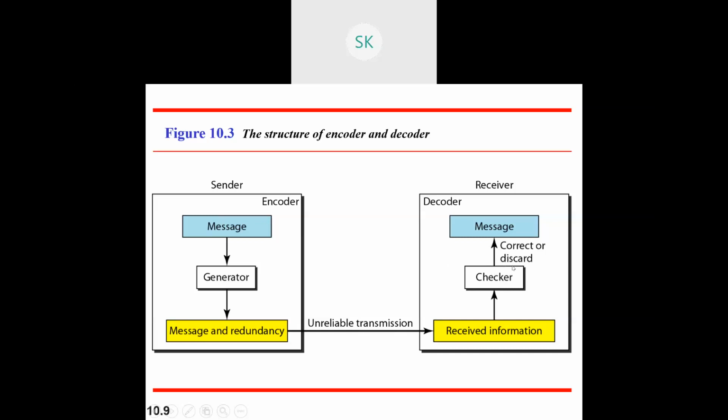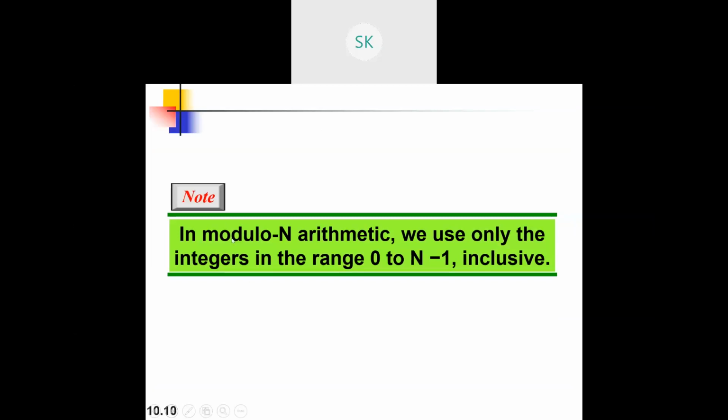If it is one and the same, then it will accept the message. Otherwise, it will discard the message. Understanding it? The checker's job is also to eliminate those redundant bits. Whichever the redundant bits are, depending on that, they will be eliminated. Only the data, whichever is available, will be transferred to the receiver end. That's it. Normally, you can also use modulo n arithmetic.